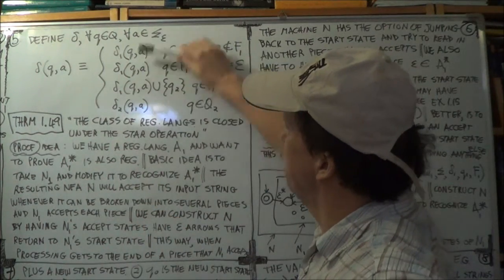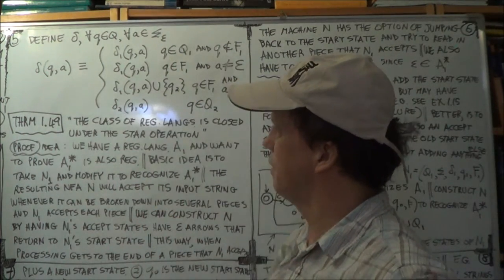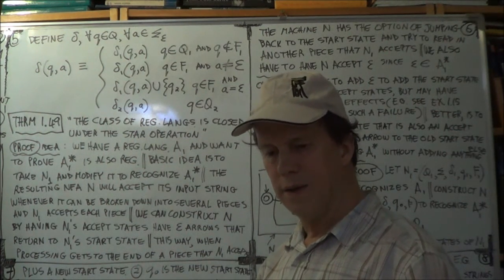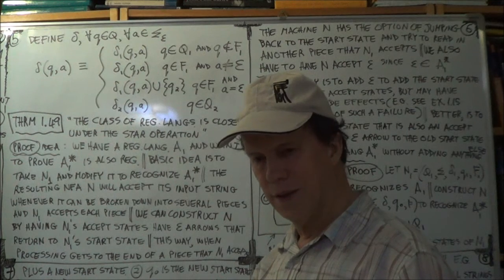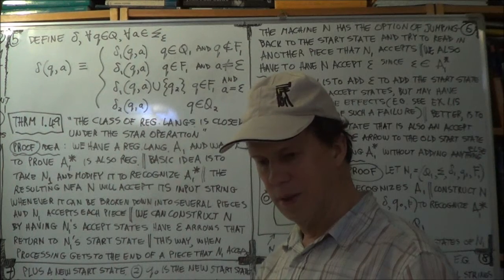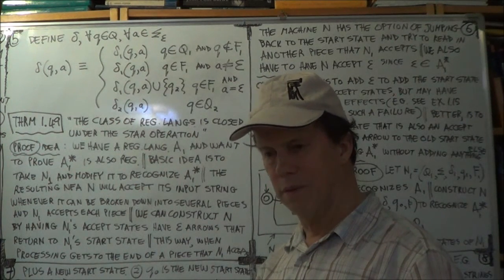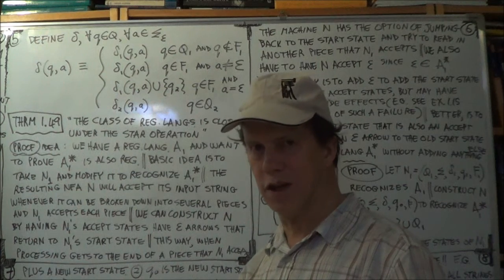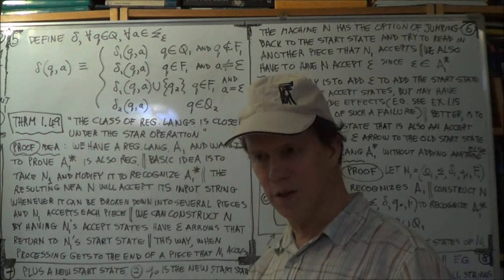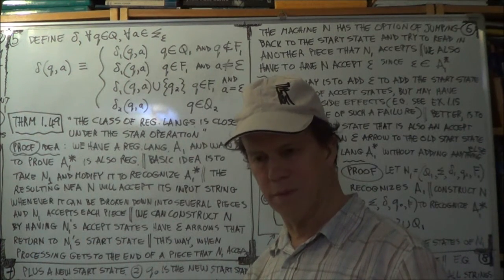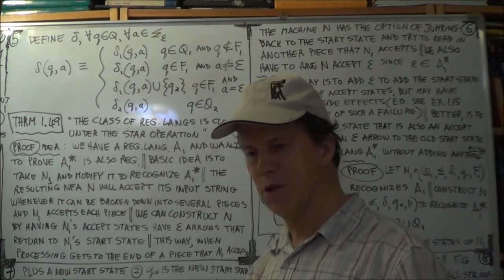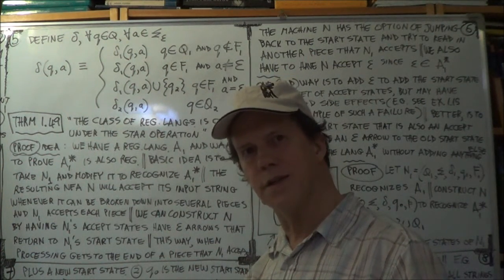All right. Once you finish that, you've constructed your machine N, your NFA, that detects the concatenation. In other words, the language of concatenated strings, the language A1, little circle, A2, the concatenation of two languages, has a machine, big N, that recognizes it.